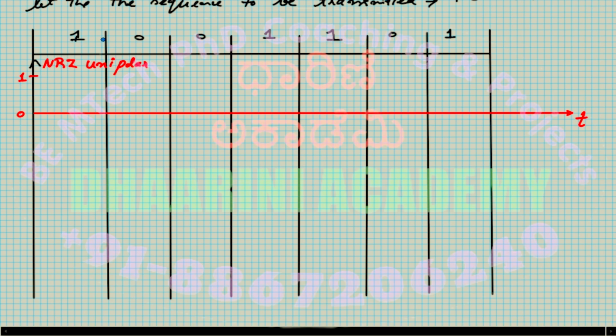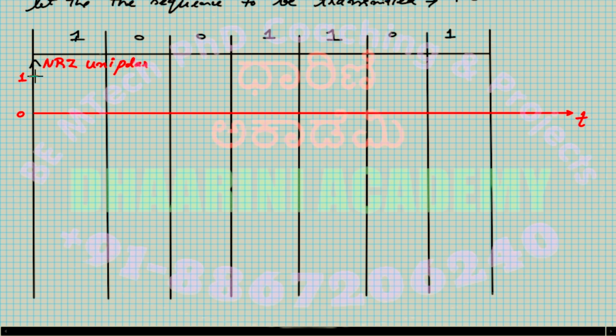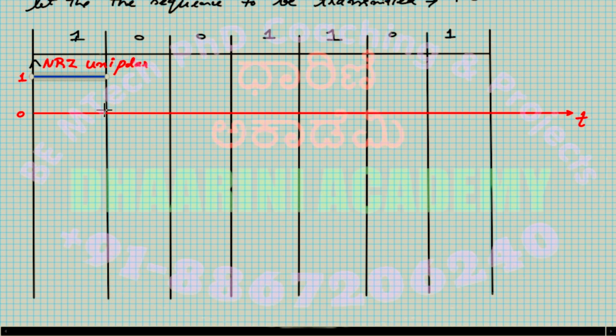Now I'll change the color for the waveform. Whenever you want to send one, you send a high pulse. This is the simplest form of the pulse. When I want to send zero, simply don't send anything. You see, this is on zero.